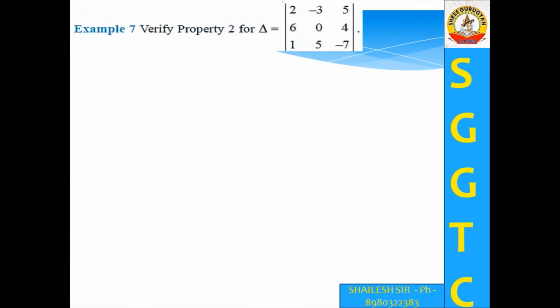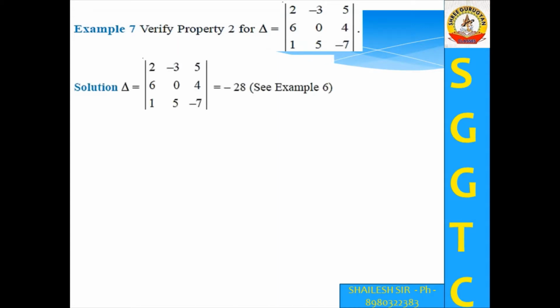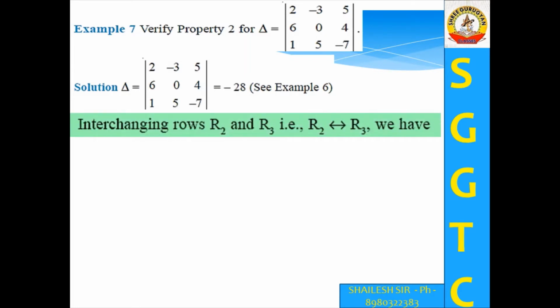Verifying property 2: first of all, the given del I explain by example 6. It is already example 6, repeated here, students. That's why the direct answer is written. It is minus 28. Already explained in example 6.